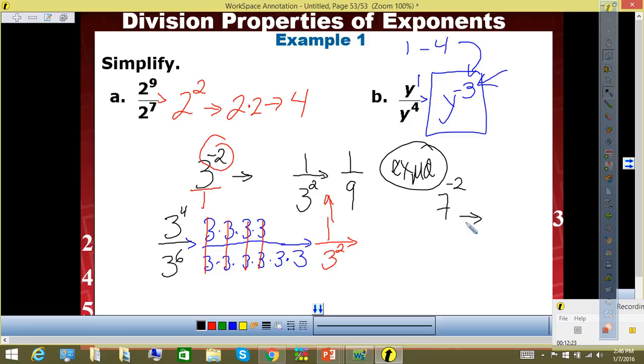Let's see. What do I get from here? Daphne, what's the next step from here? So it's 1 over 7 squared, and what does this become? 1 over 49. Hands if you got that.